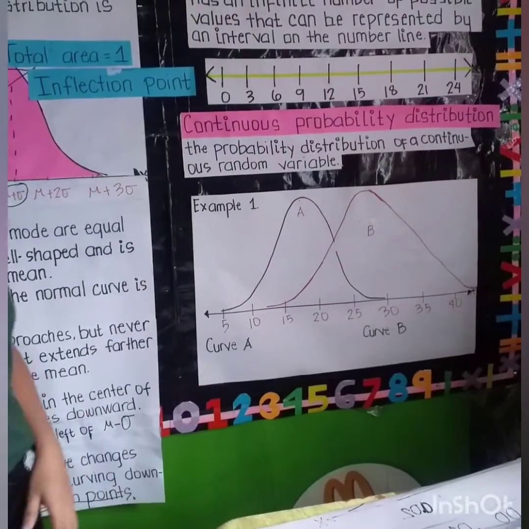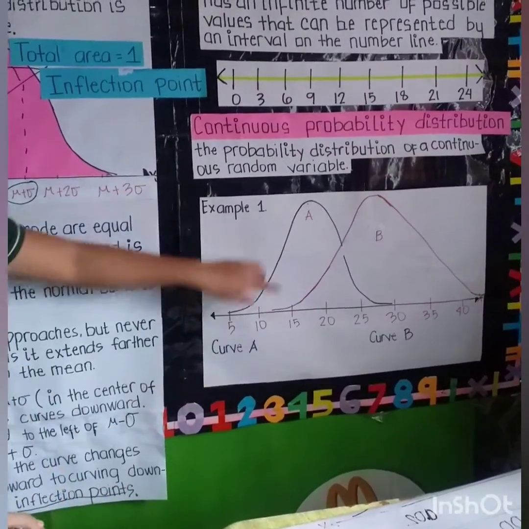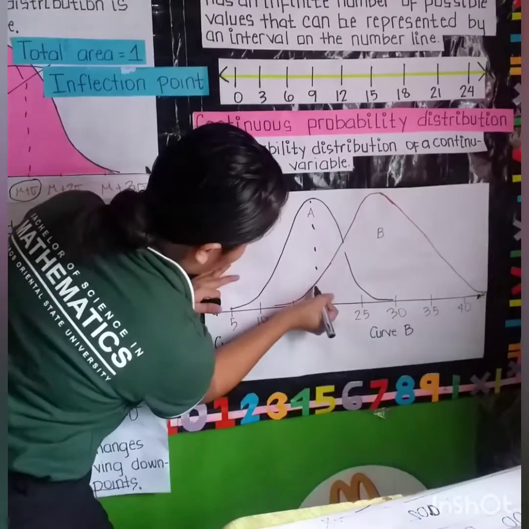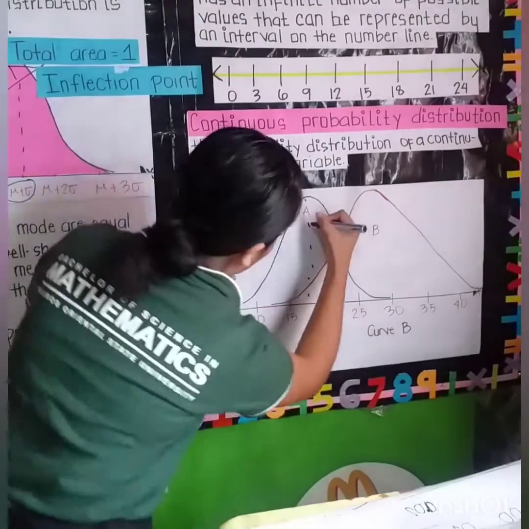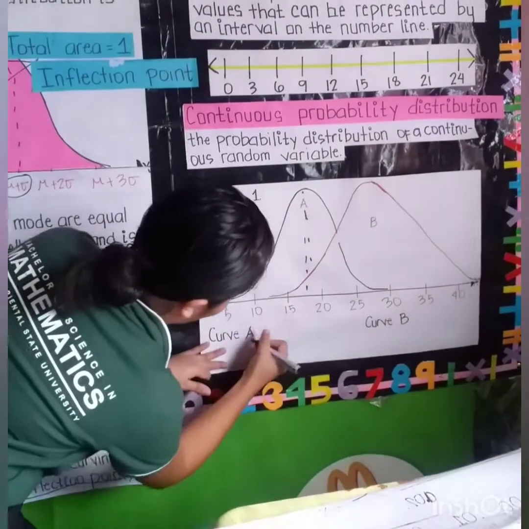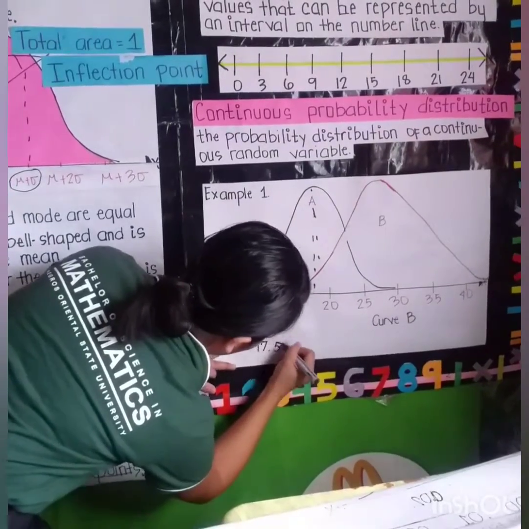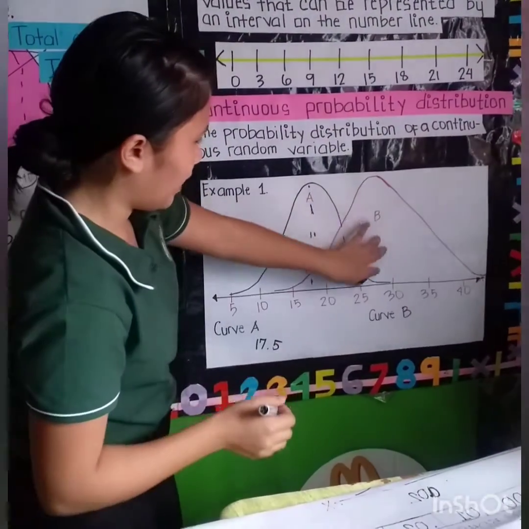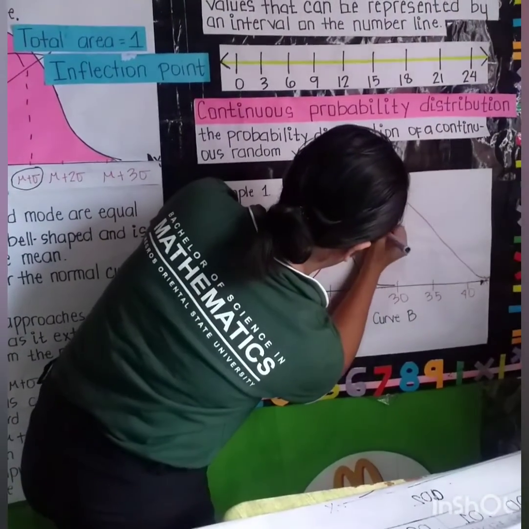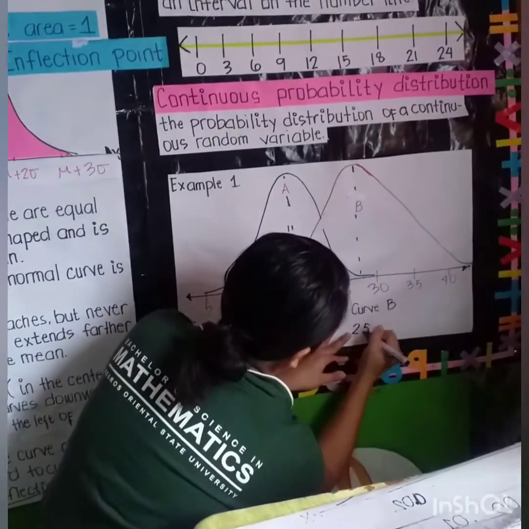Let's identify. First, curve A. Let's identify the line of symmetry. This is the line of symmetry of the curve, which is 17.5. Here, for curve B, the line of symmetry is 27.5.